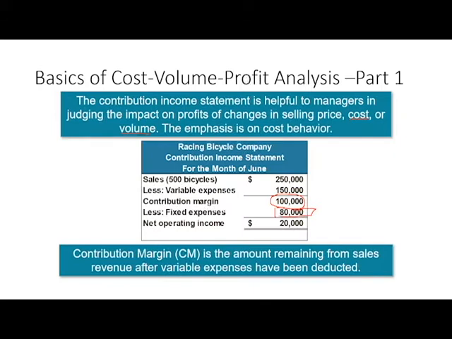What you can see here is that the CM, the contribution margin, shows the remainder of the sales revenue after variable expenses have been deducted. That's the CM.